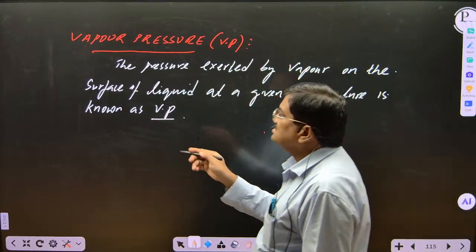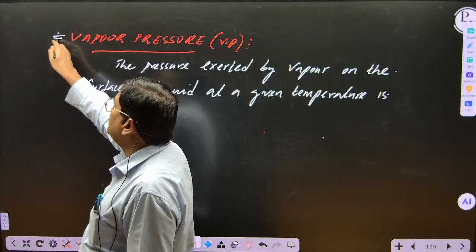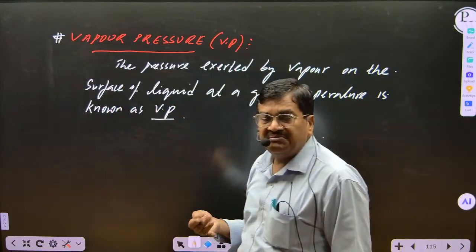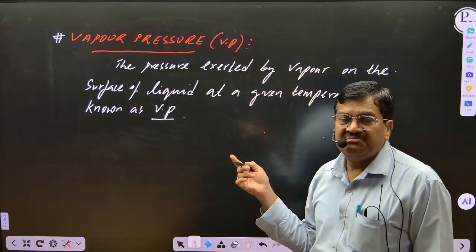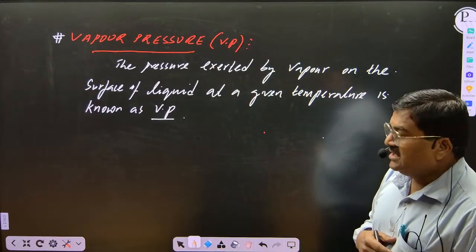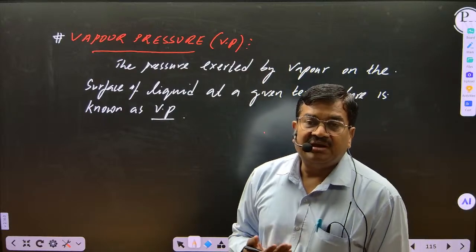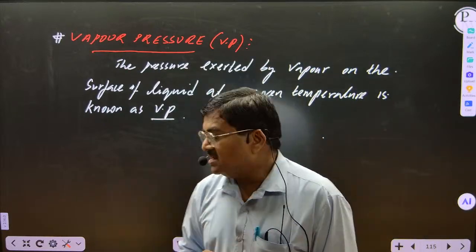Clear, students? This is important. What we have to study is the vapor pressure of liquid in liquid and vapor pressure of solid in liquid. So before that, you have to know what is meant by vapor pressure. Now, next, factors affecting vapor pressure. What factors will influence vapor pressure?